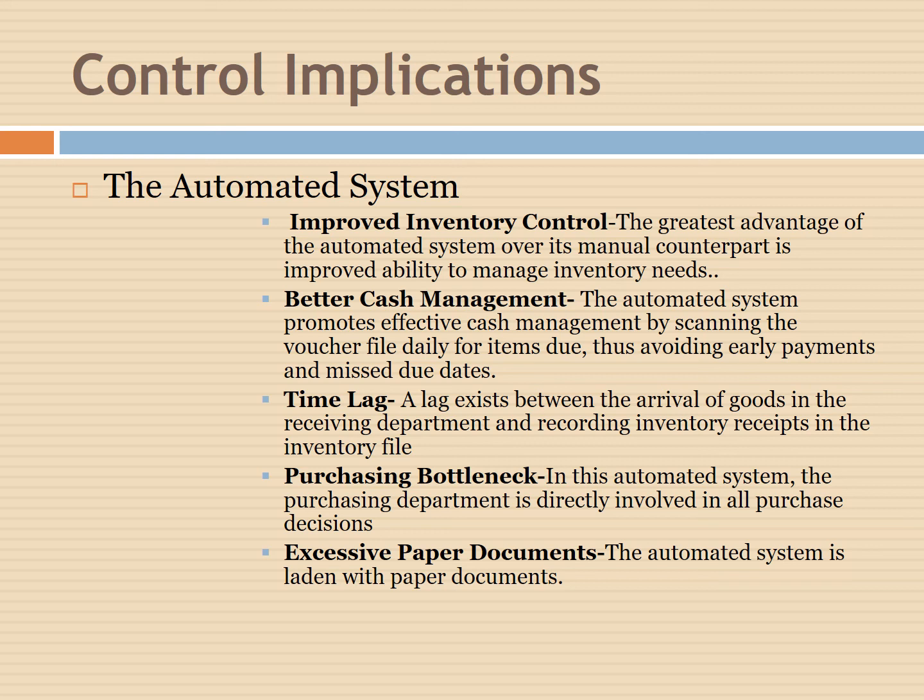So next is excessive paper documents. The automated system is laden with paper documents. All operations departments create documents which are sent to data processing, and which data processing must then convert to magnetic media.